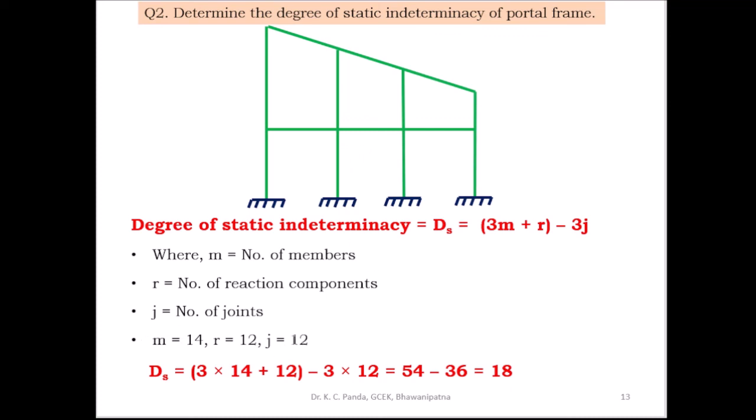Then put these values in this expression and find the degree of static indeterminacy. So ds is equal to 3 into 14 plus 12 minus 3 into 12, which is equal to 54 minus 36, which is equal to 18. So the degree of static indeterminacy of this portal frame is equal to 18.